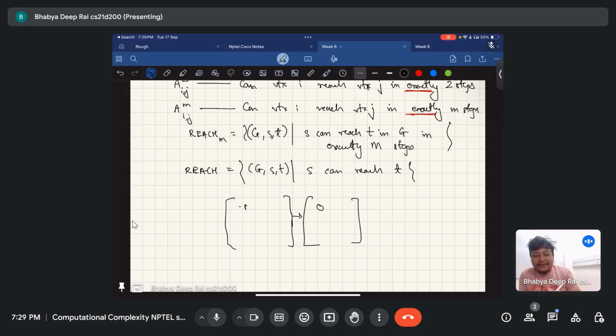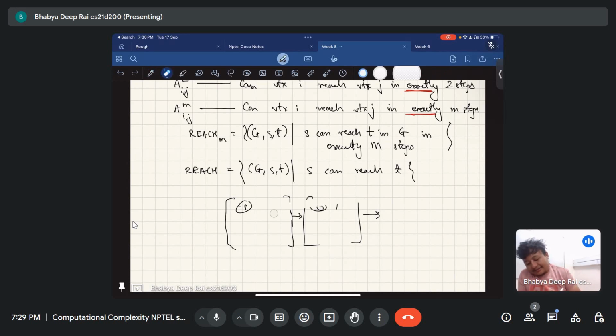You try it for yourself once. I can discuss it later also, but those locations get multiplied with 0, and you sort of forget those entries that were 1 when it reached a particular vertex in two steps.